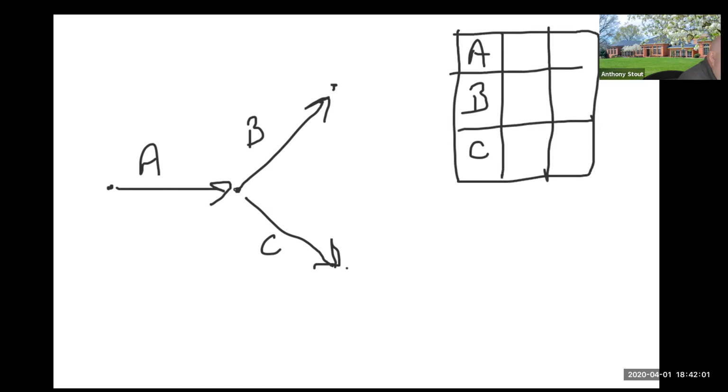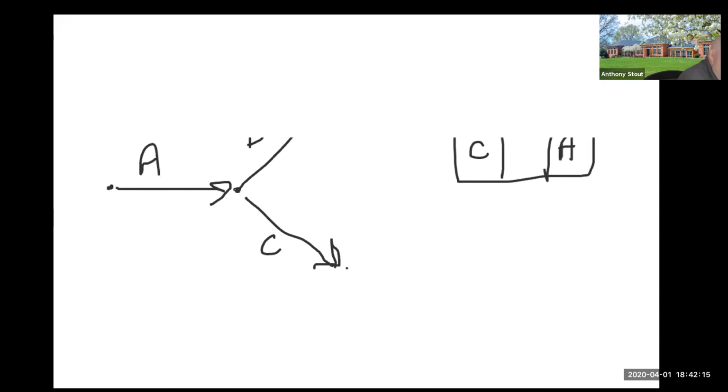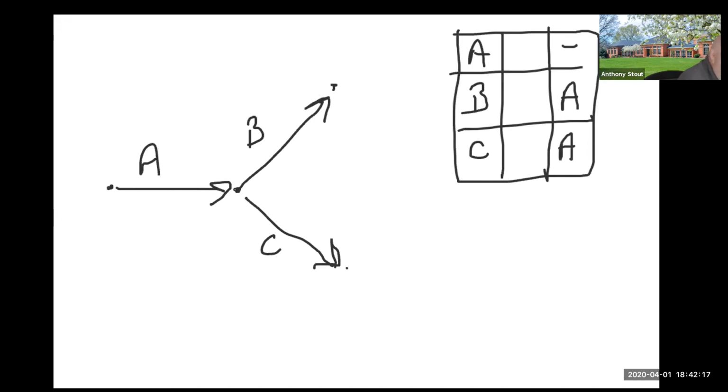If I look at my predecessors, A is the starting point, so it's not going to have a predecessor. But B has a predecessor of A, and C has a predecessor of A. So I can see that relationship going back here, and C going back here. That's my two predecessors.